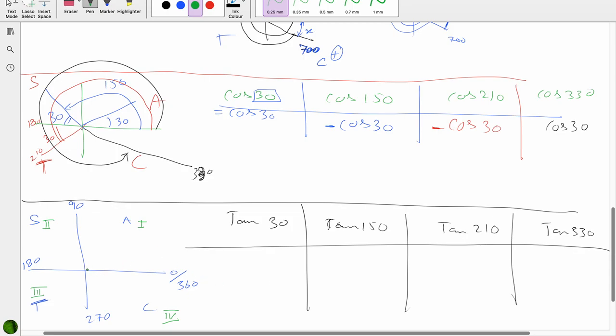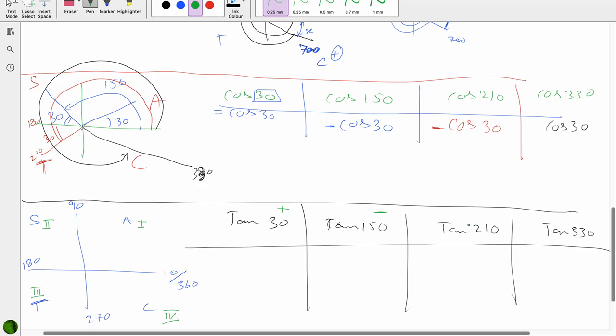In the first quadrant. And will it be positive or negative? That's right, positive. Tan of 150, positive or negative? Sorry, that would be negative because it lies in the second quadrant, and there only sine is positive.